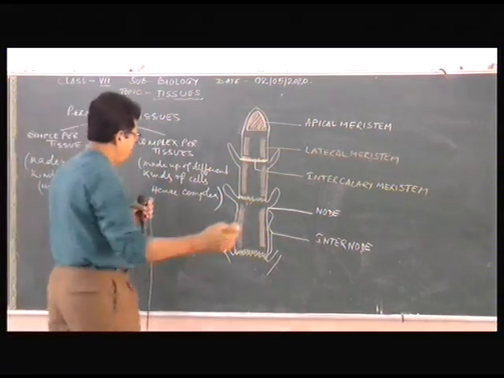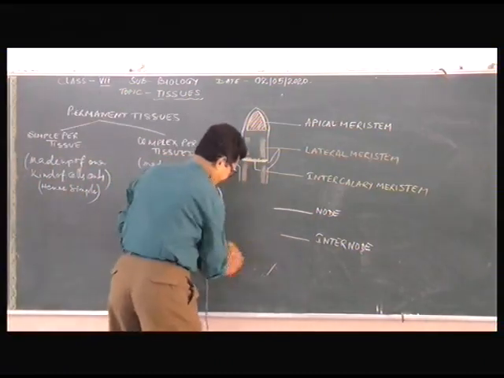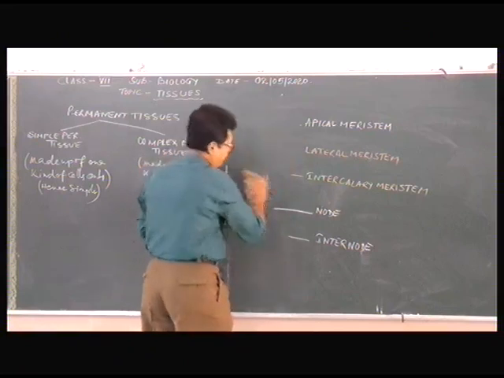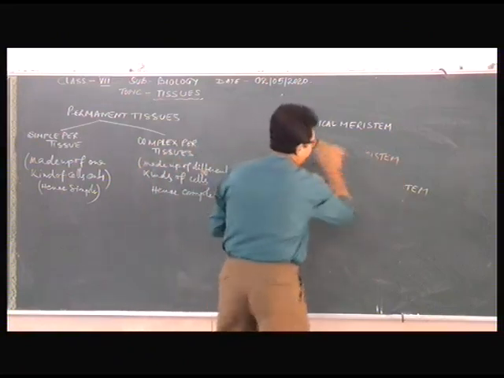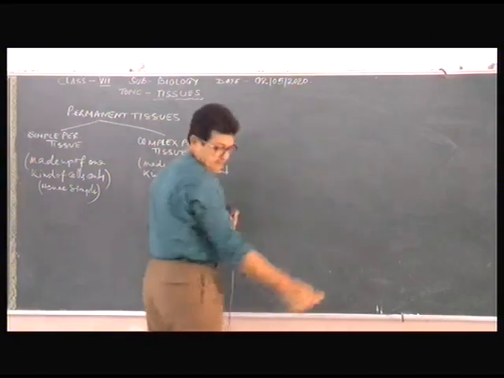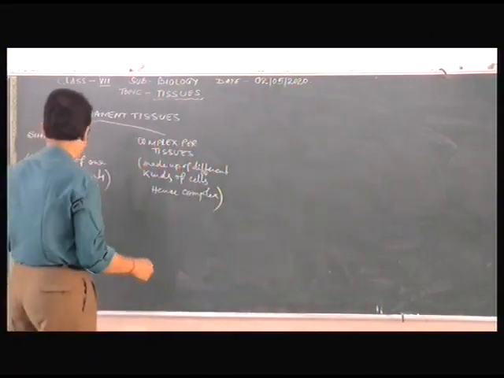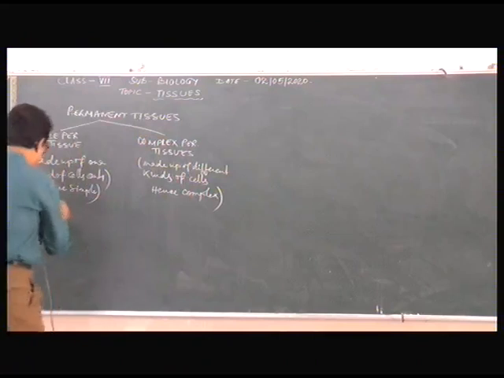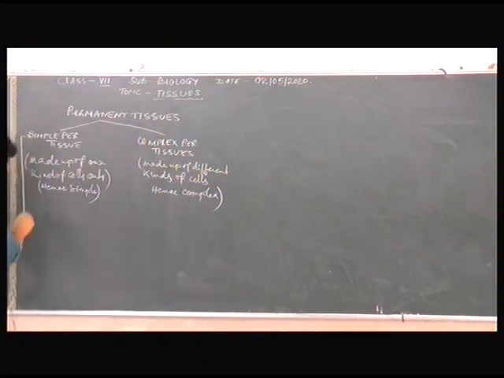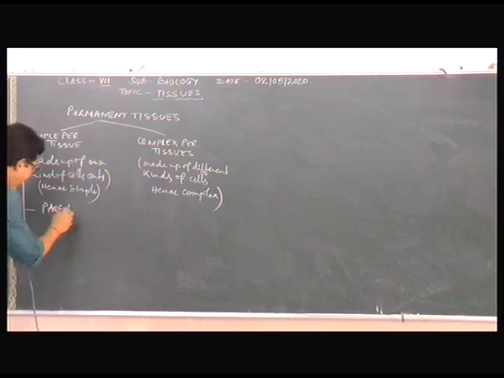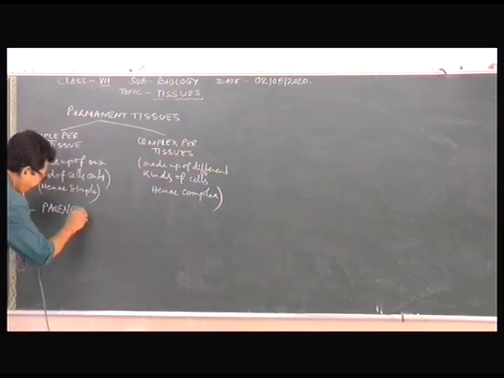From this point of view, simple permanent tissues we have: number one is parenchyma. You will be writing these spellings at least 10 times each. These are all complicated, technical spelling terms. Parenchyma.